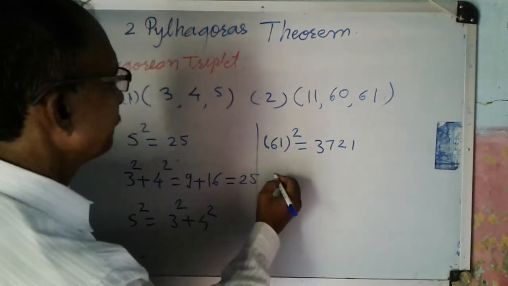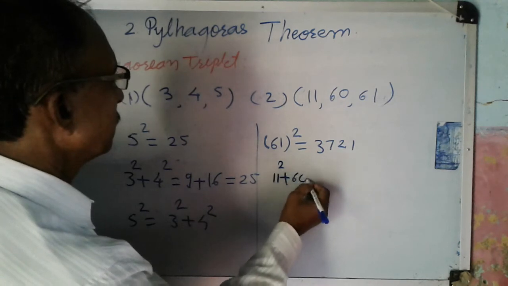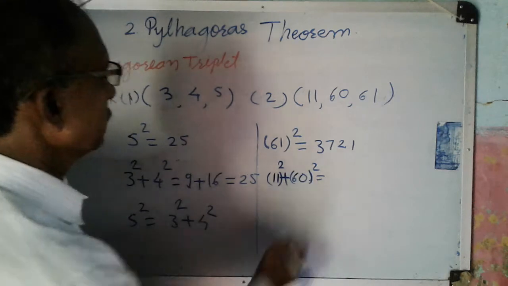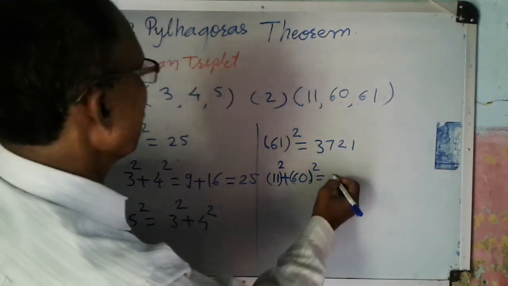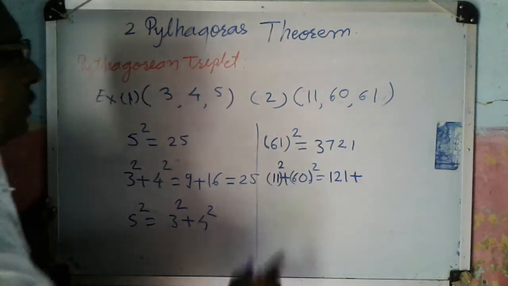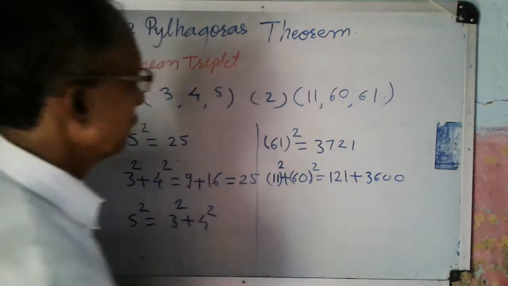That means 11 square plus 60 square. Here 11 square is equal to 121, plus the square of 60 is 3600.